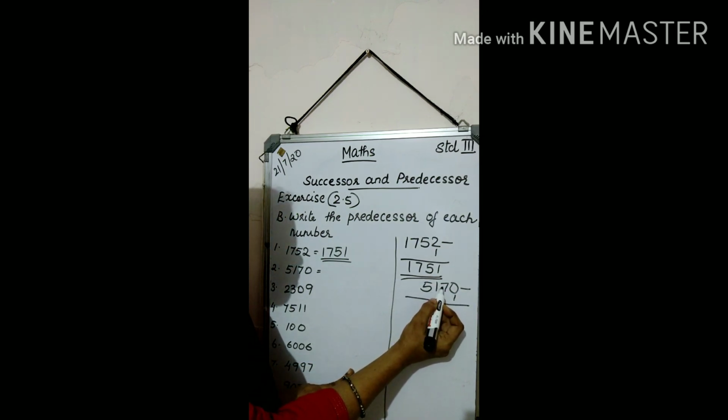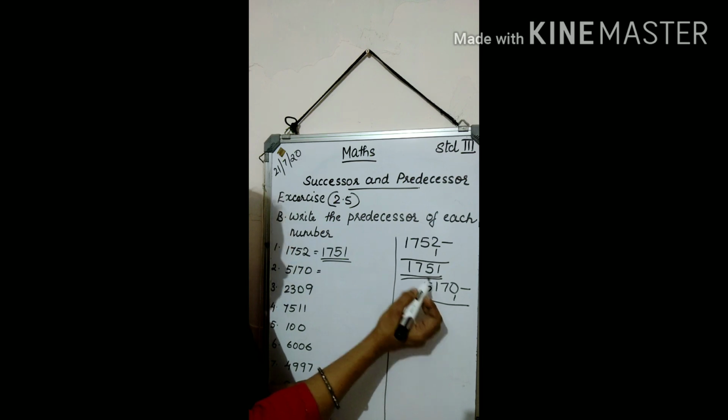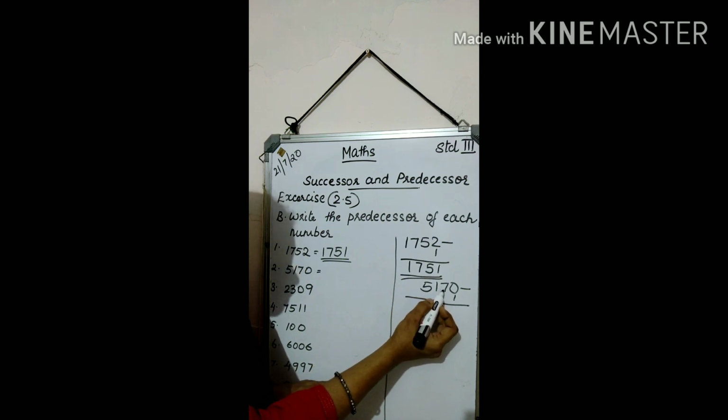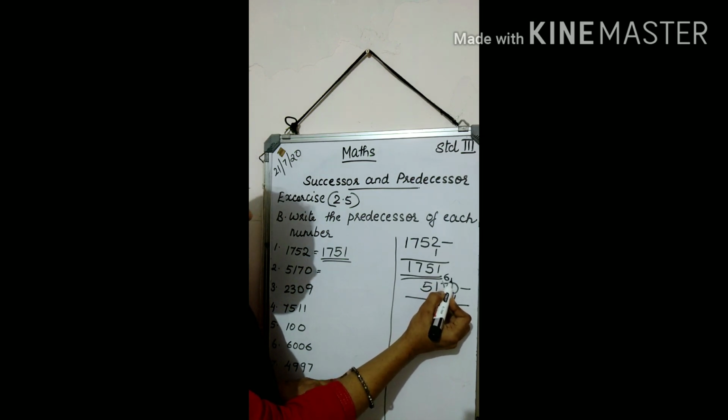You have to borrow 1 from 7. When we borrow 1 from 7, what is here? Is 7 left there? No. We take 1 from 7. When 1 goes from 7, how much is left? Yes, it is 6. And this 0 becomes 10.